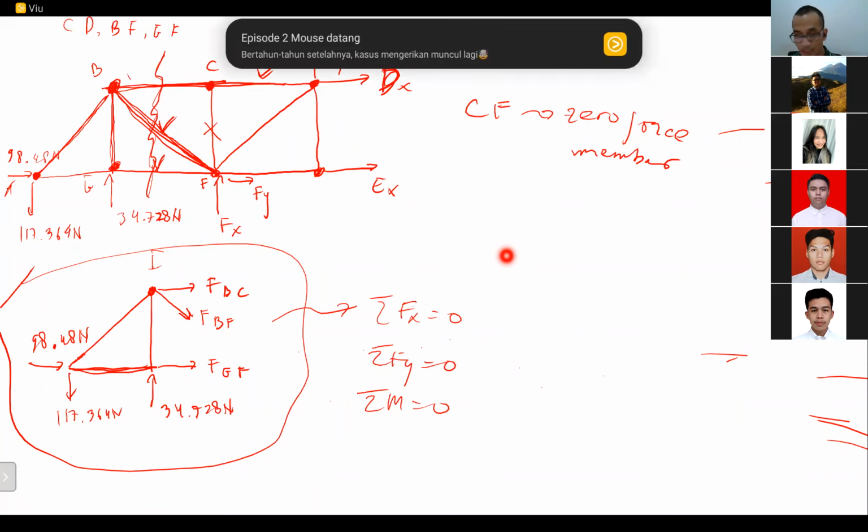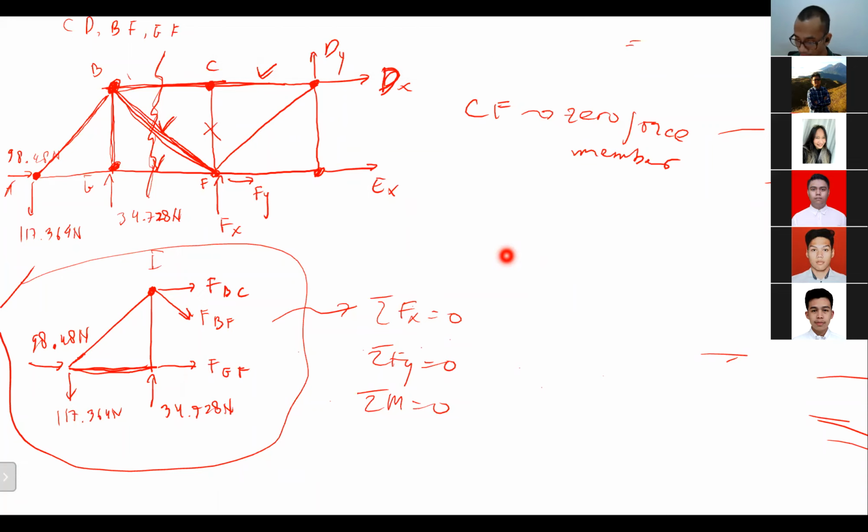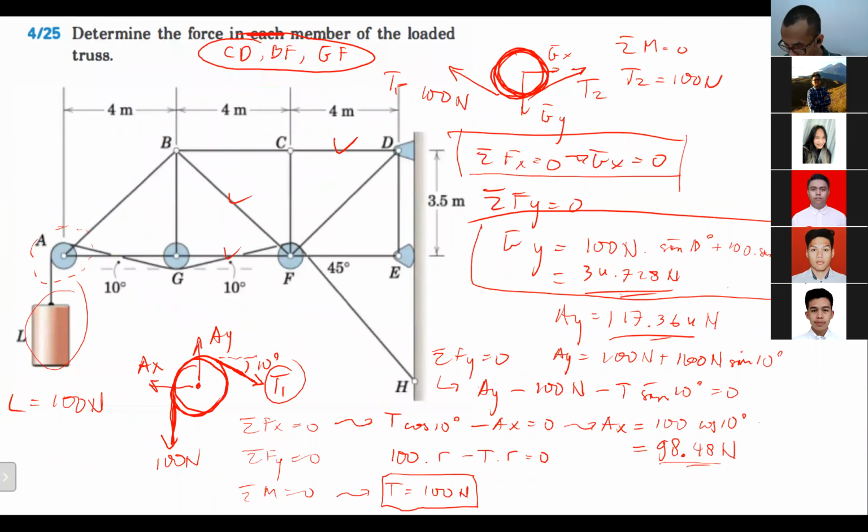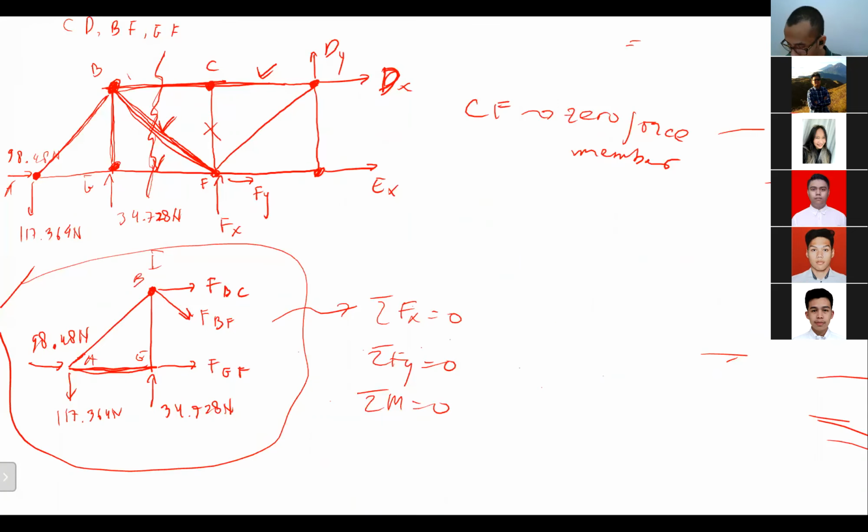If I use sigma moment at point B equal to 0, this is point B, this is point G, this is point A. If I use the angle just now, this one is 45 degrees, 10 degrees. That's not 45. Why do they always use a difficult angle?